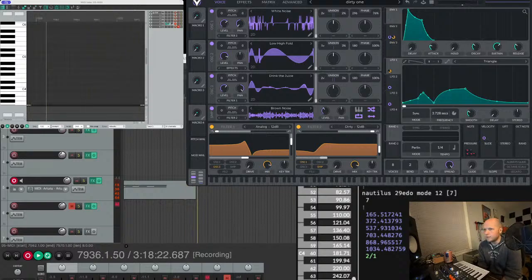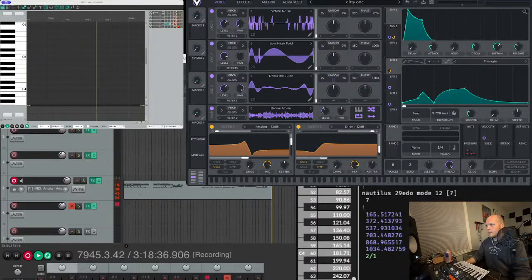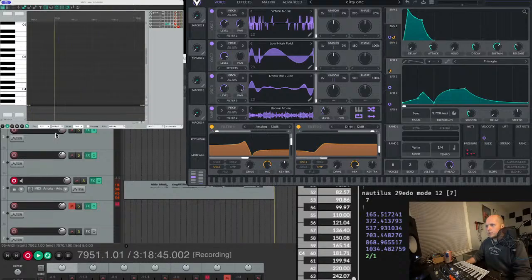Yeah, it's kind of fun to just noodle on. I wonder if I should set up a drone. Maybe come up with a drone or some kind of ambient, but relatively stagnant texture. To be fair, this patch sounds kind of drony.